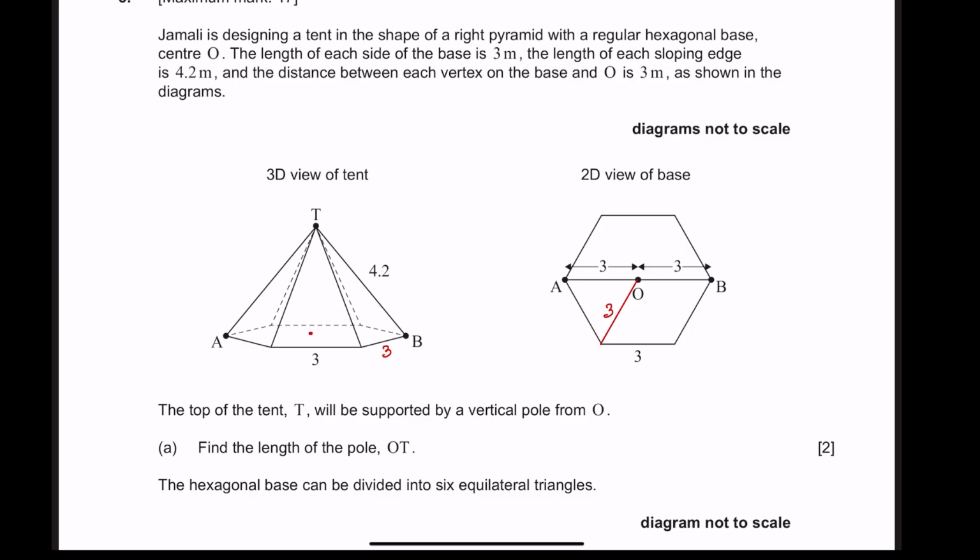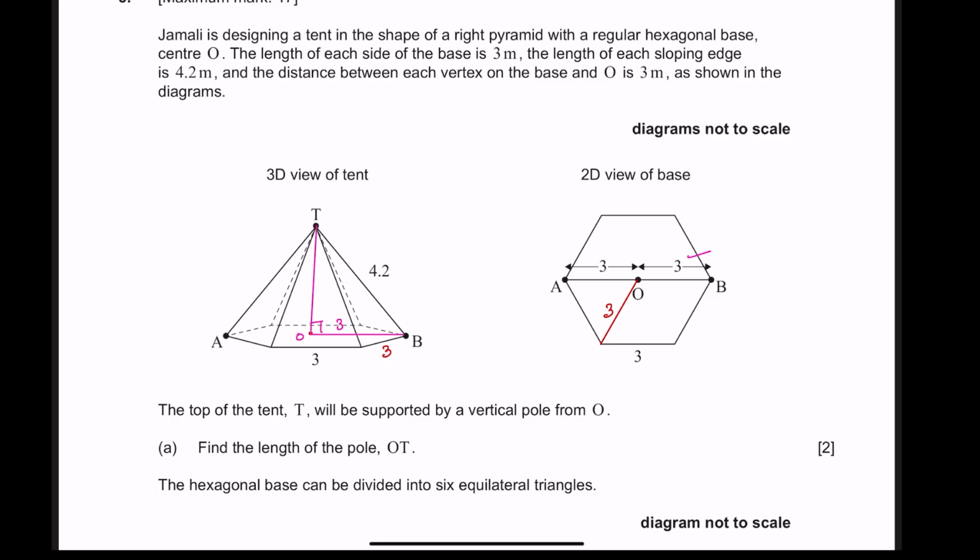Now we have to find this length OT. Let's connect them together, and connect these two. This is O. So OB is 3 from here. So this is 3.